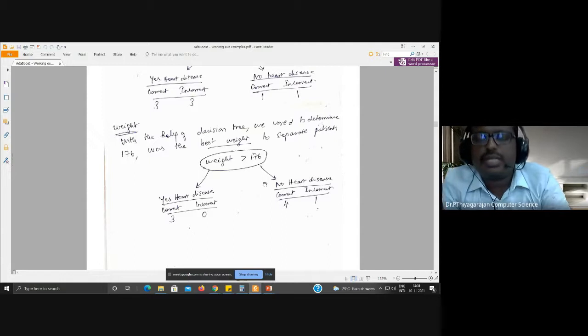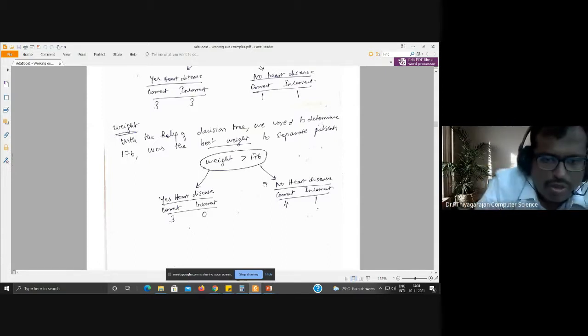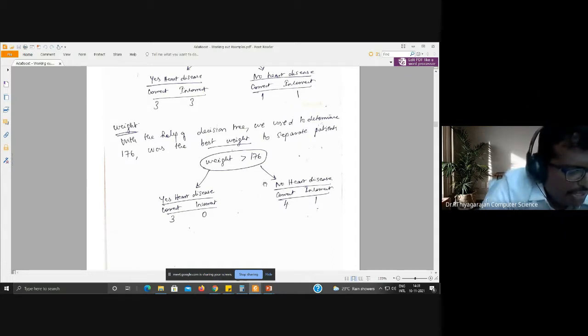It is constructed using the same method we discussed in the morning. Now check where the weights are greater than 176. Look at which weights in the patient weight feature are greater than 176. Row 1, row 2, only 2 rows are greater than 176, right?